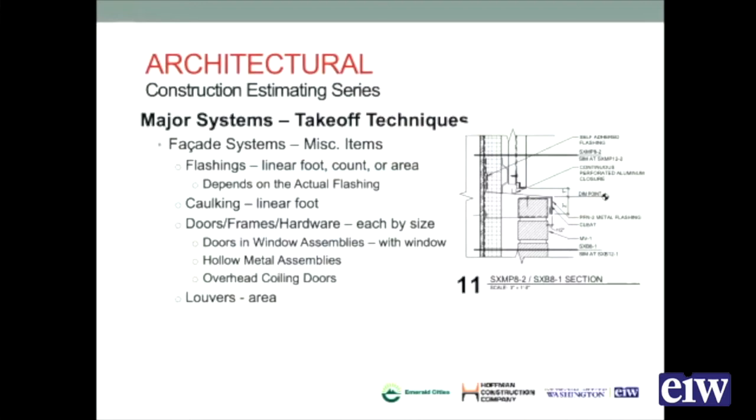So we're looking typically at hollow metal doors on the exterior of a building, but it also could include things like overhead coiling doors, or an overhead coiling grill, say, if you were doing a light rail station, something that comes down that is still open air, but the client wants a barrier at nighttime when the system isn't operating. We look at these items as each counts by the different size.